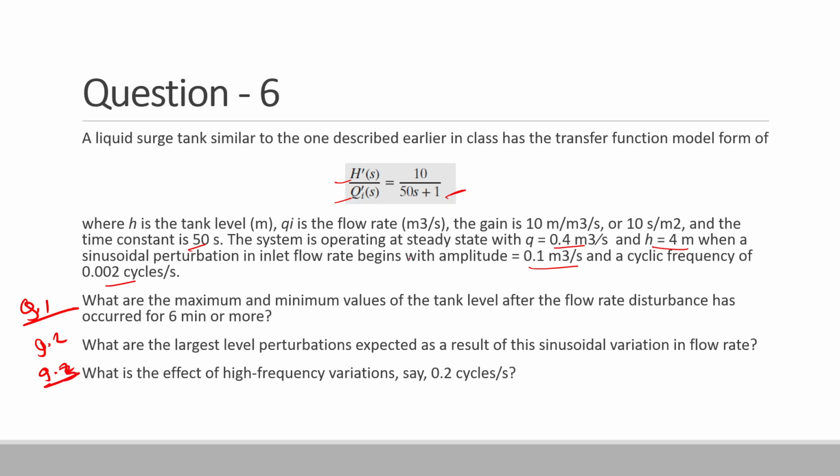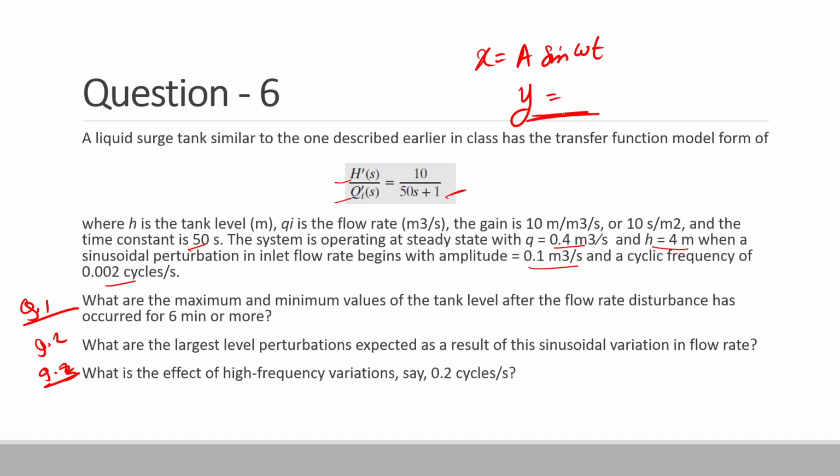So basically in this question, we are providing the input as A sin omega t, and we have been asked to find the output.